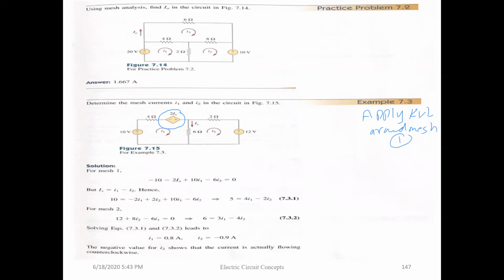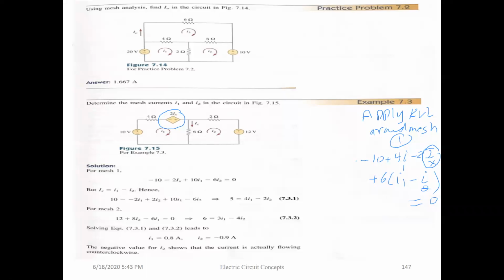So it will be minus 10, and then plus 4 I1, and then minus 2 Ix, and then plus 6 times I1 minus I2 equals to 0.